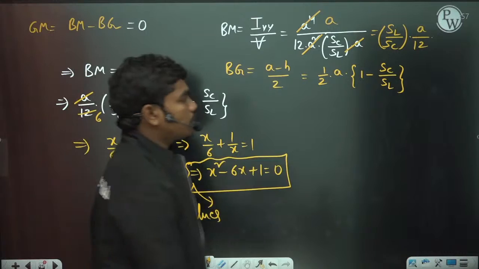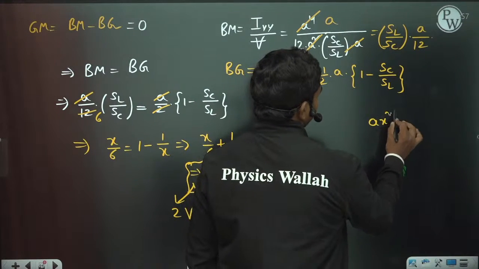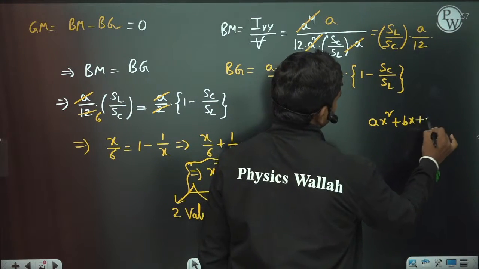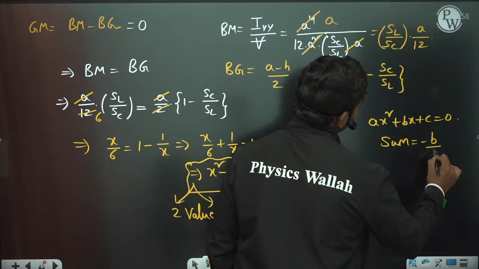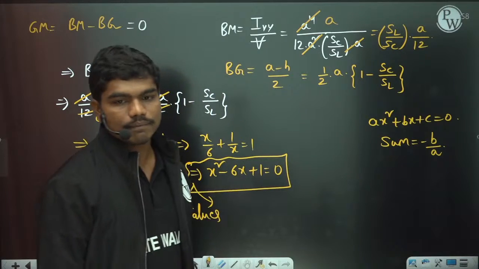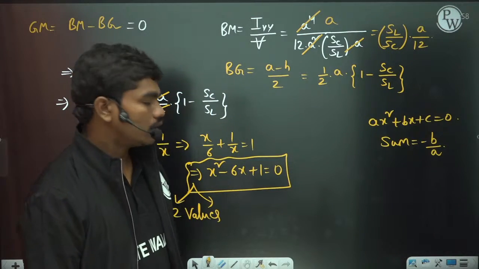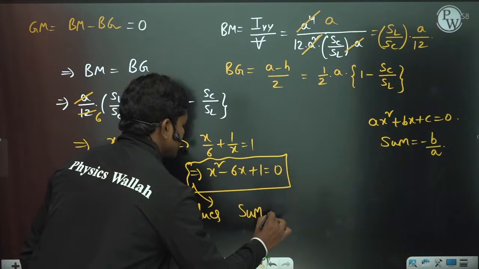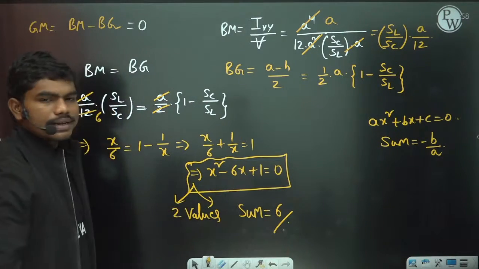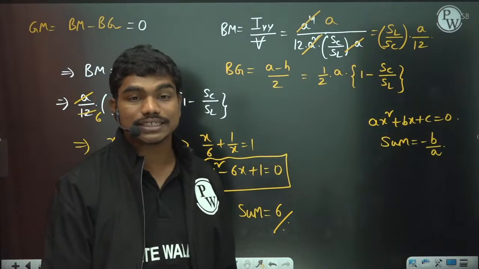For the equation ax square plus bx plus c equal to 0, the sum of the roots is equal to minus b by a. So that's why the sum is equal to 6. But mathematically the sum is 6, and we need to be very cautious about one point.